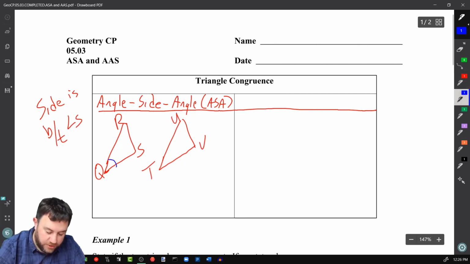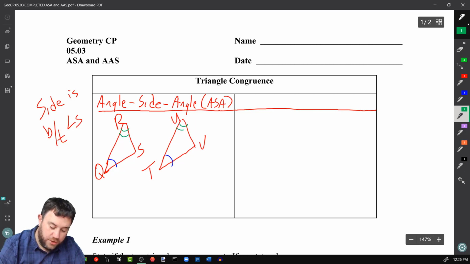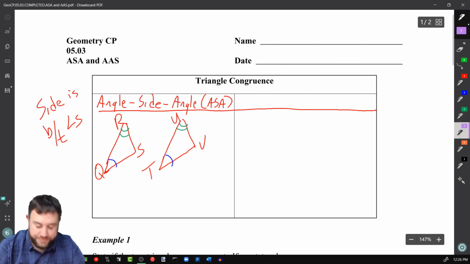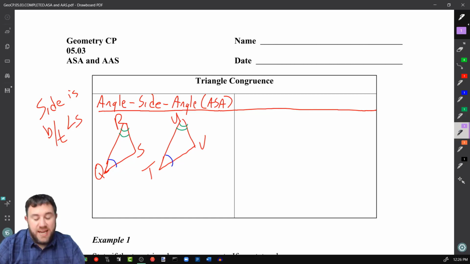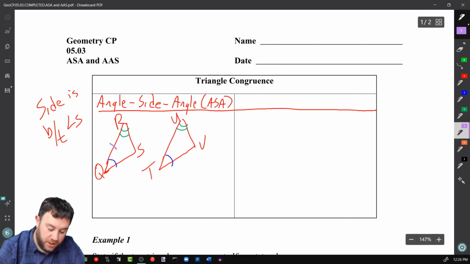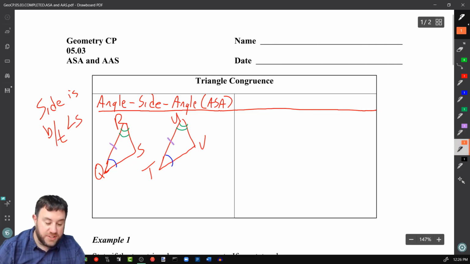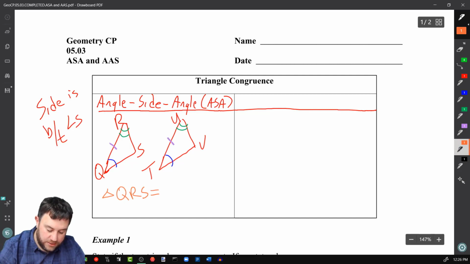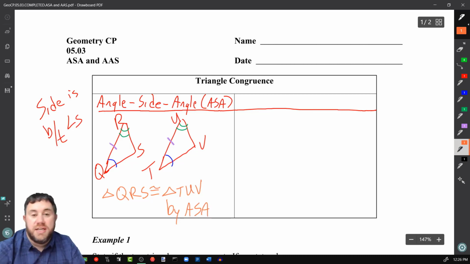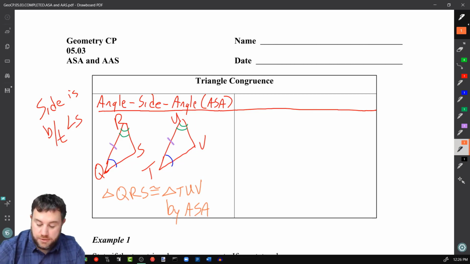If we know that Q and T are congruent, and we know that, say, R and U are congruent, the side that connects those two angles, that's QR and TU. So if we know those sides are congruent, then that gives us enough information to say that triangle QRS is congruent to triangle TUV by angle, side, angle. Again, it's two angles and the side that connects those two angles.